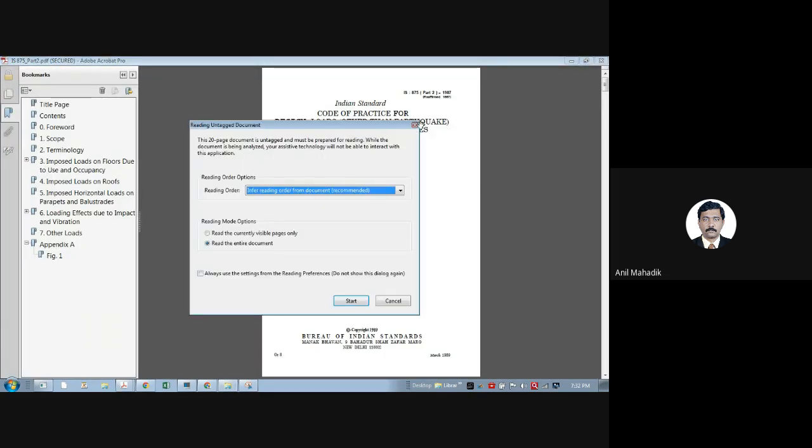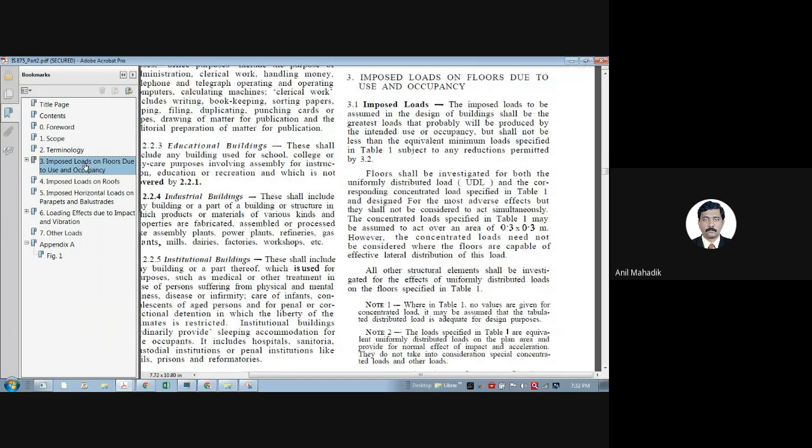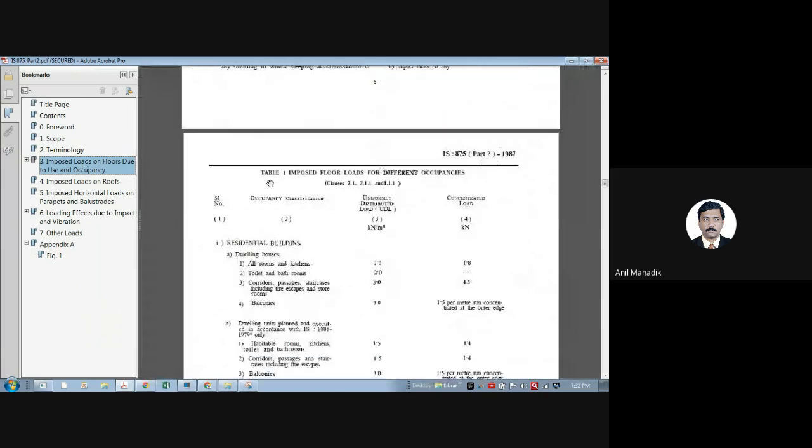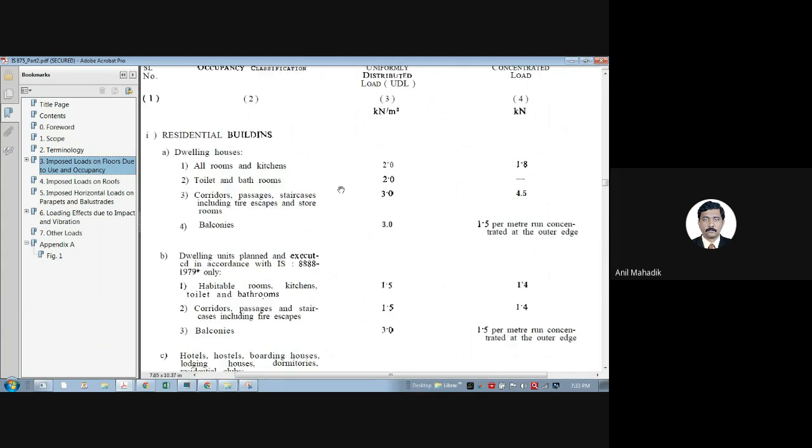For residential buildings, here you can see, dwelling rooms, that is all rooms and kitchens, toilet and bathroom, it is 2 kilonewton per square meter. If there is a corridor, passage, or staircase, it is 3 kilonewton. So it is very easy. 2 kilonewton is our case.